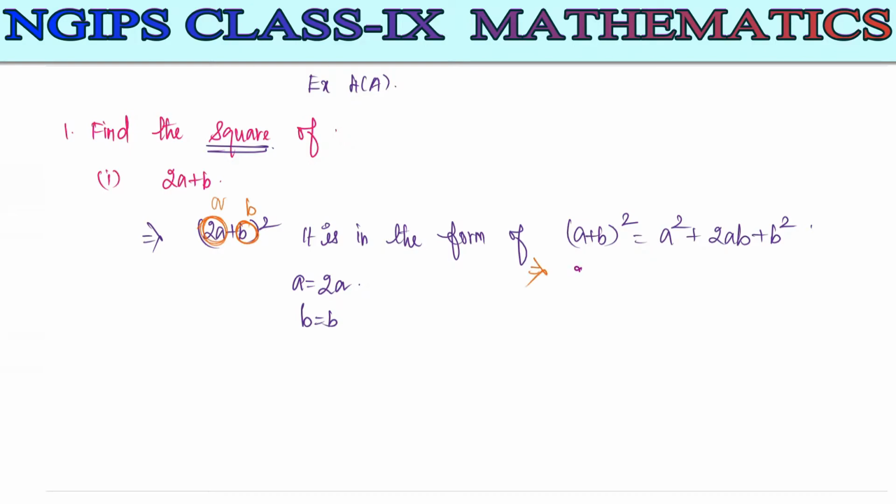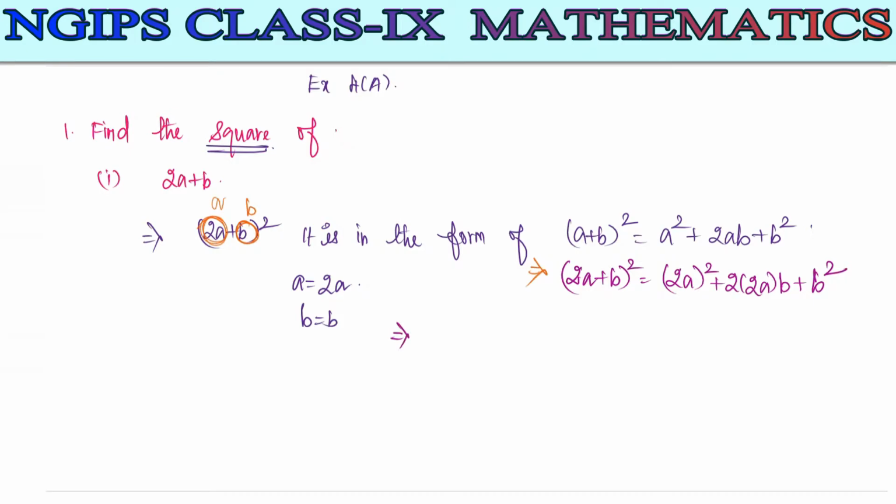In the place of a, 2a plus b whole square is equal to 2a whole square plus 2 into a value, which is 2a, into b value, which is b, plus b square.